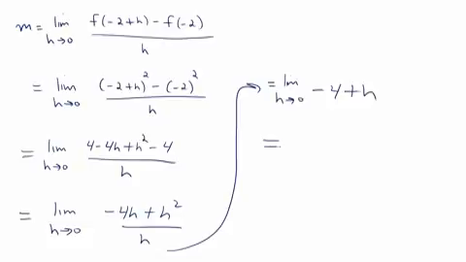Now we evaluate the limit as h goes to 0, and we are left with negative 4. So the slope of the tangent line at x equals -2 is equal to -4.